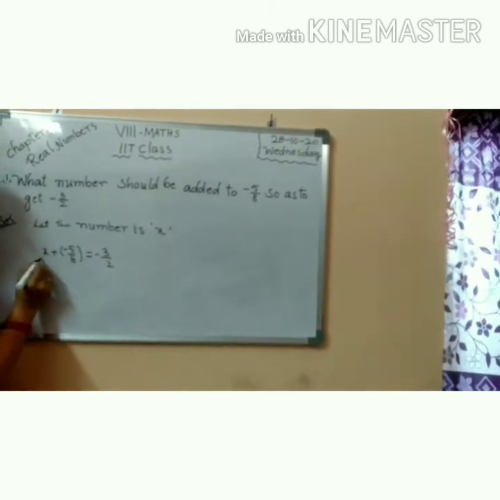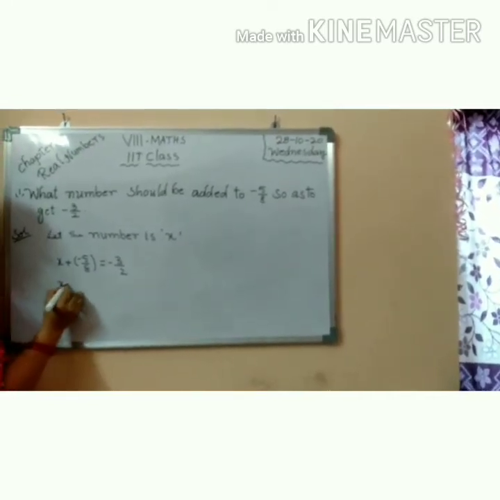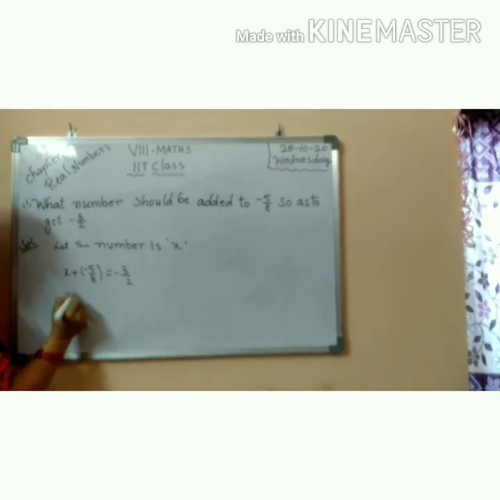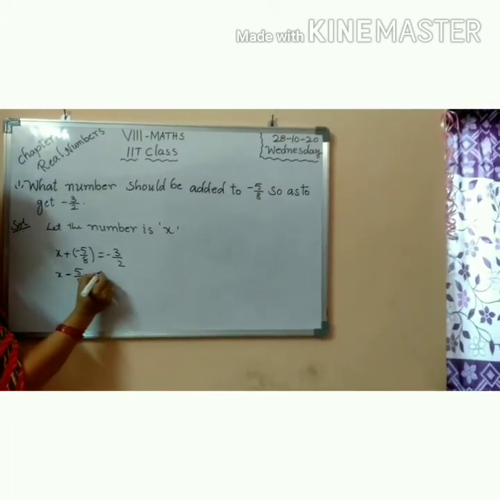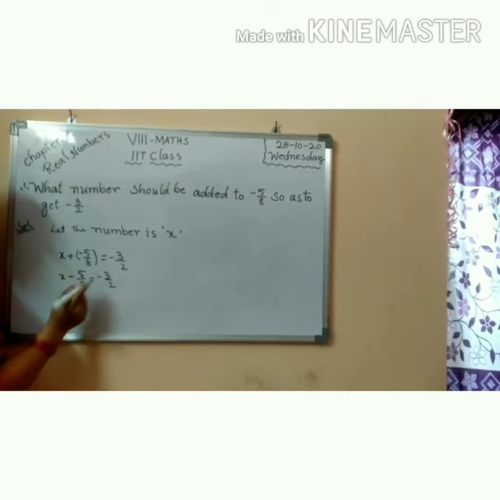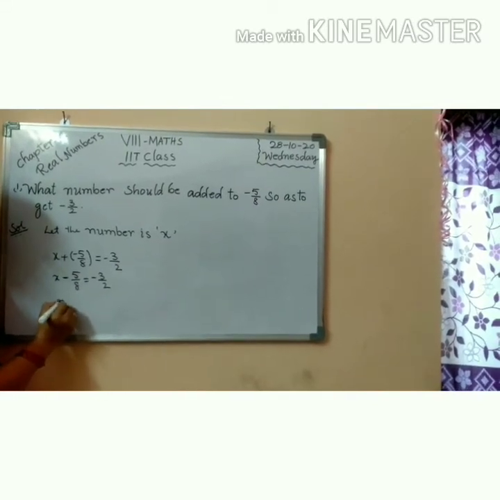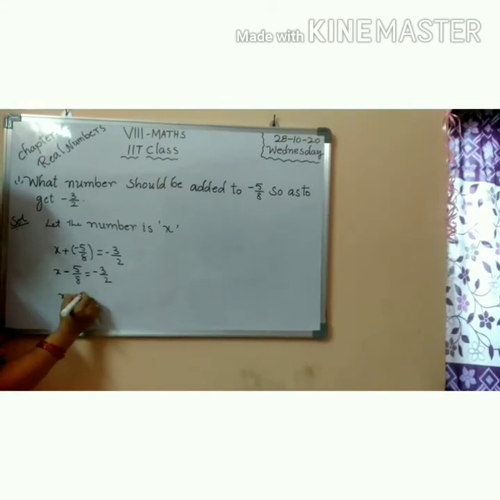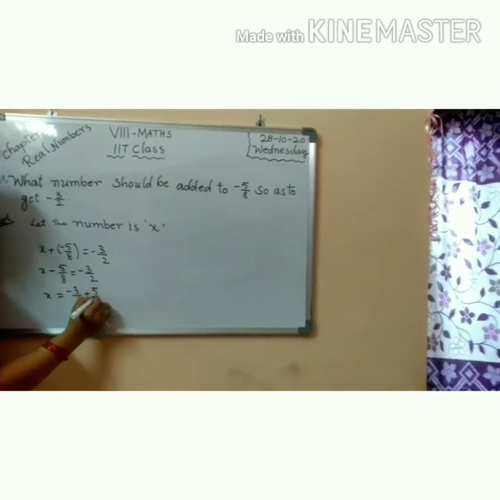We find the x value. Which number is being added? So x plus minus 5/8 is equal to minus 3/2. Here the negative quantity moves across and becomes positive. So x equals minus 3/2 plus 5/8.